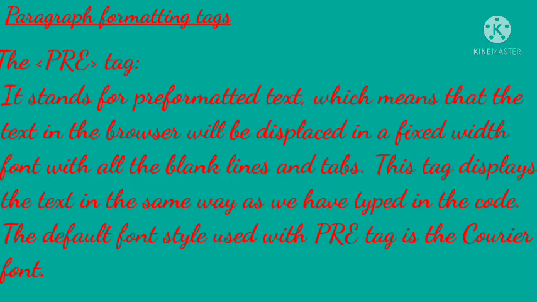It stands for pre-formatted text and is used to display the text in the browser in a fixed width font with all the blank lines and tabs. The pre tag displays the text the same way as we have typed in the code. The default font style used in the pre tag is the Courier font.